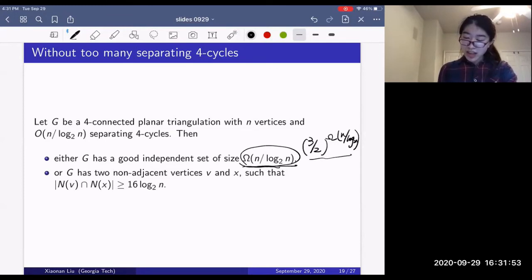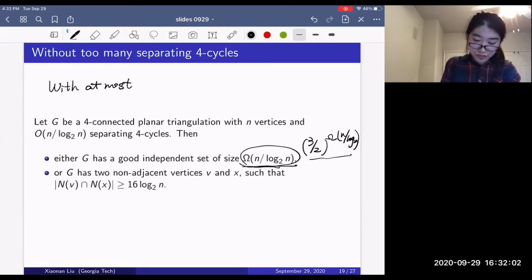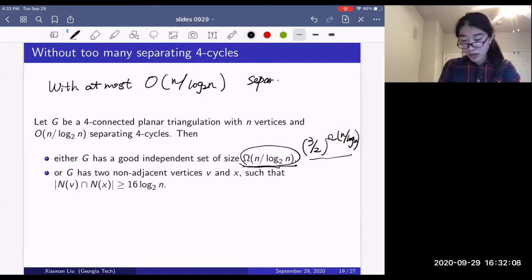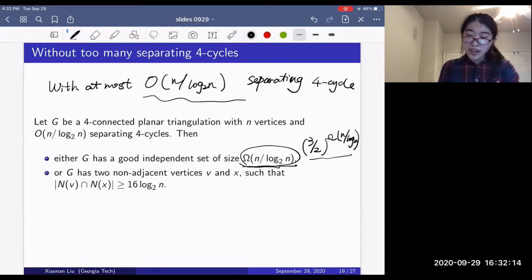But actually, the number of separating 4-cycles, because our theorem shows that with at most big O of n over log 2n separating 4-cycles. Because we want this bound to be very large, but we also want to get a large independent set.